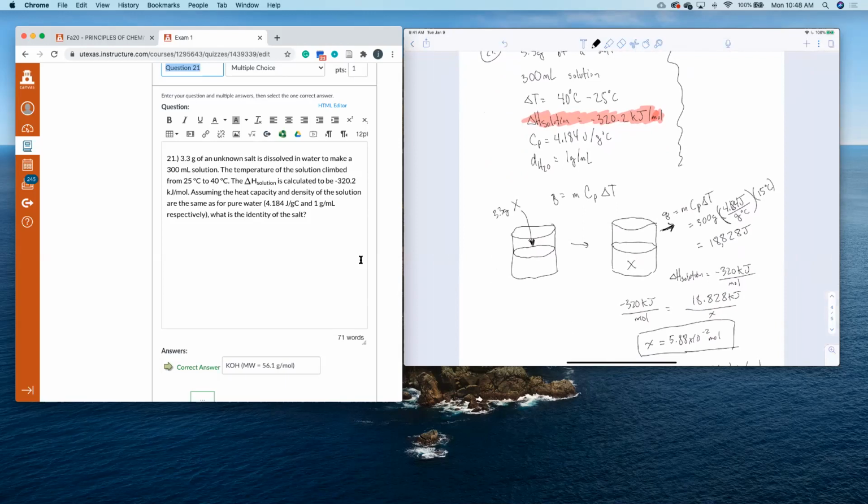So it says the temperature of the solution climbed from 25 degrees Celsius to 40 degrees Celsius. The delta H of solution, which is how we're going to get our moles, is some number, and then it tells us the heat capacity.